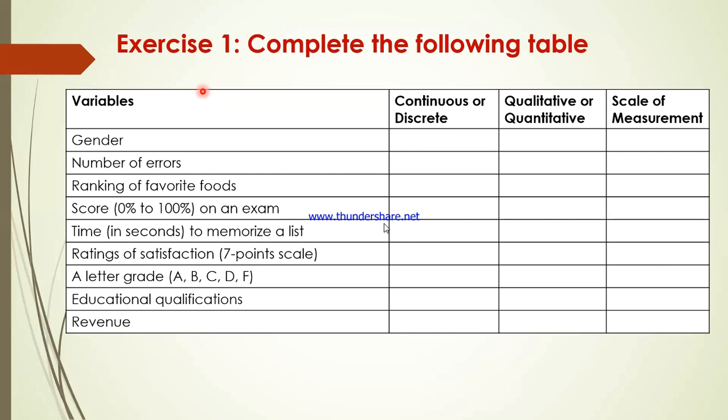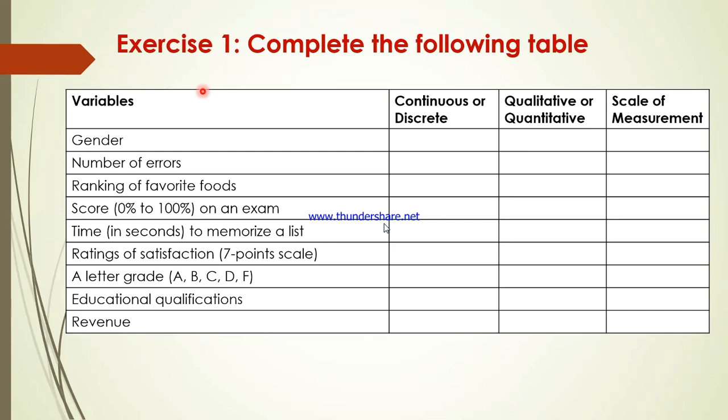So how are we measuring the number of errors? We are measuring using integers. If there are no errors, 0. If there is only one error, then 1. If there are 2 errors, then it's 2. So in between 0 to 1, or 1 to 2, or 2 to 3, any value it will not take.